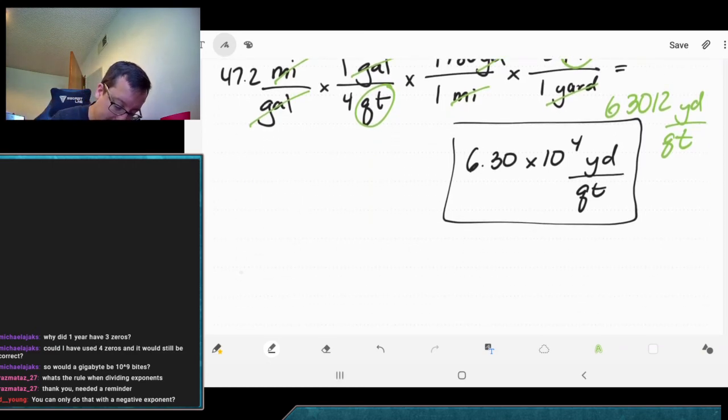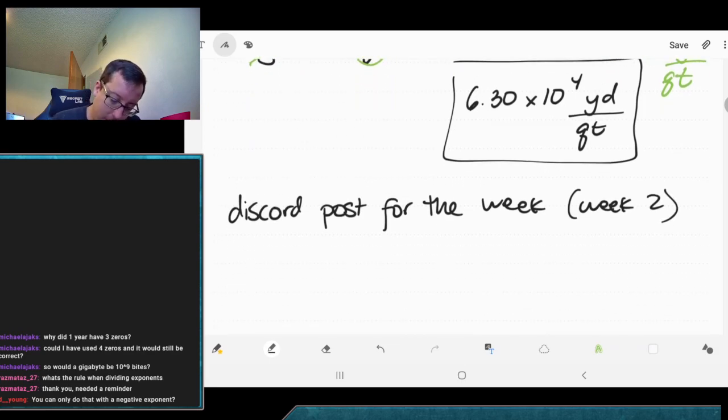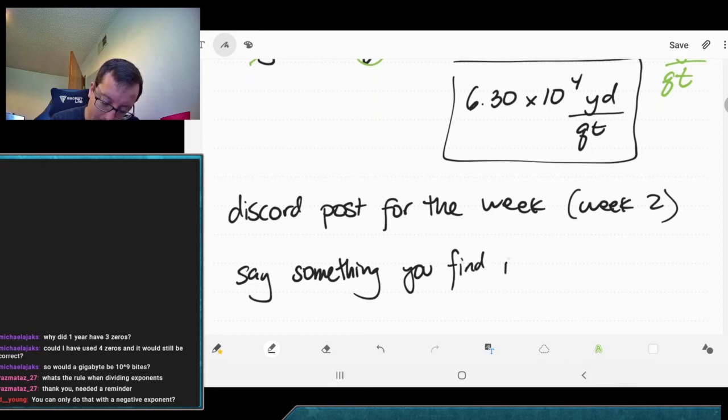Last thing, our Discord post for the week. The post for week 2 is to say something you find interesting involving chemistry.